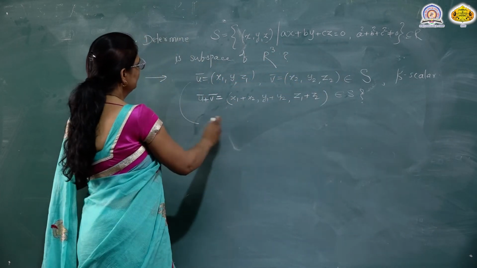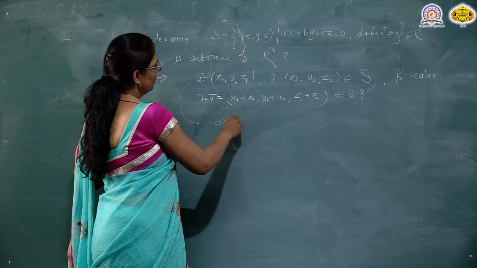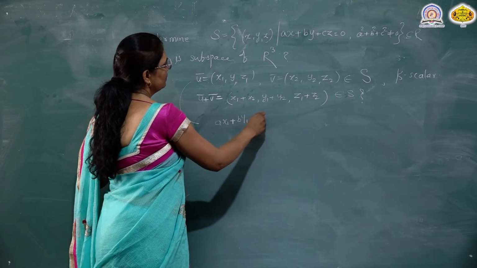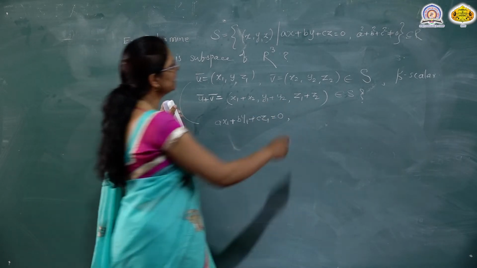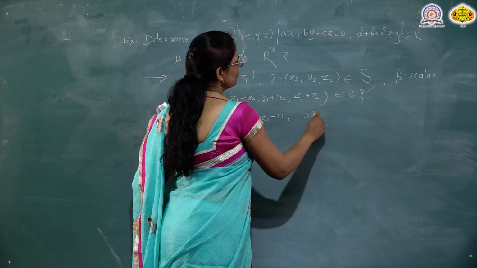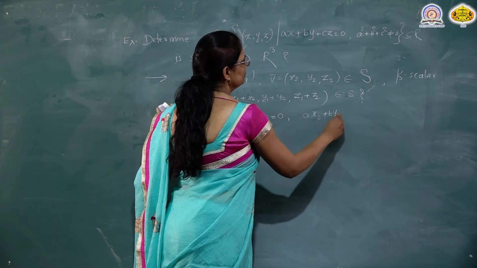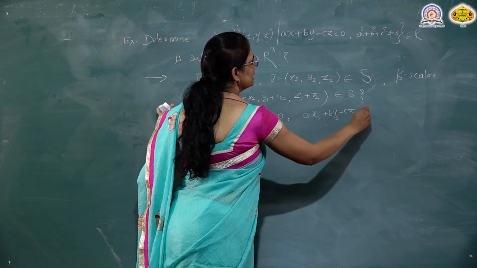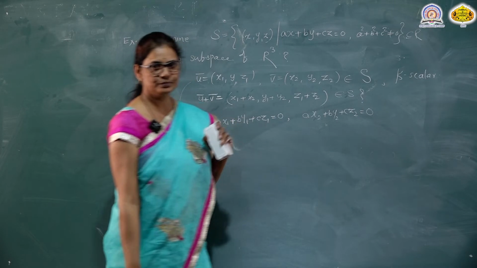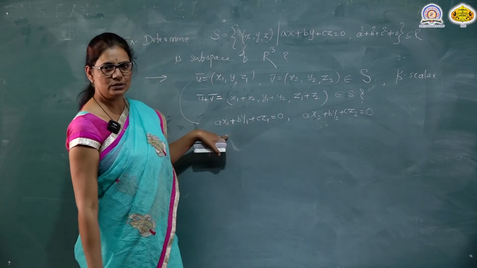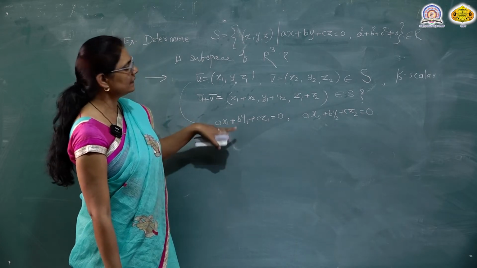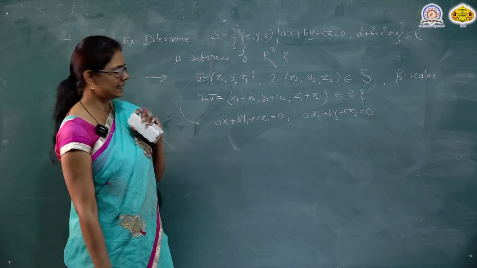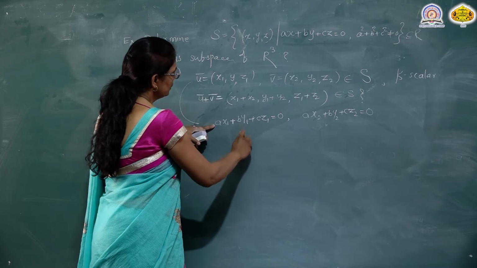So we get ax1 plus by1 plus cz1 equals 0, as well as ax2 plus by2 plus cz2 equals 0. Now we add these two equations, left hand side to left hand side and right hand side to right hand side.